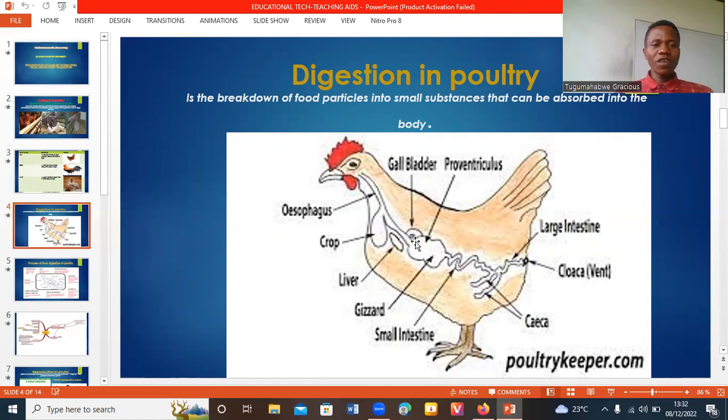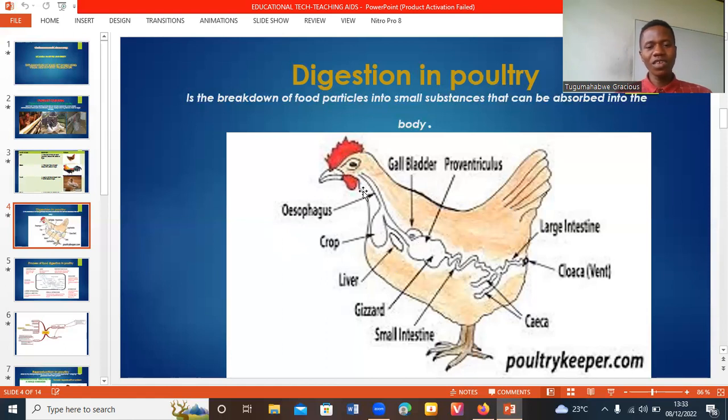So, when you introduce such a topic about digestion, you first tell where digestion takes place within a poultry. So we have used one example, a hen, illustrating the organs or parts where digestion takes place, and at least the student will understand that digestion takes place within this system.